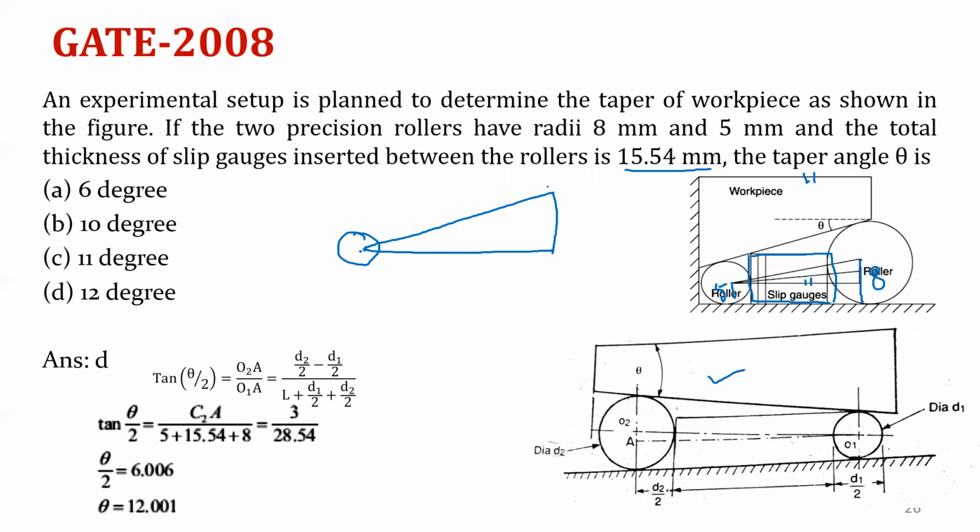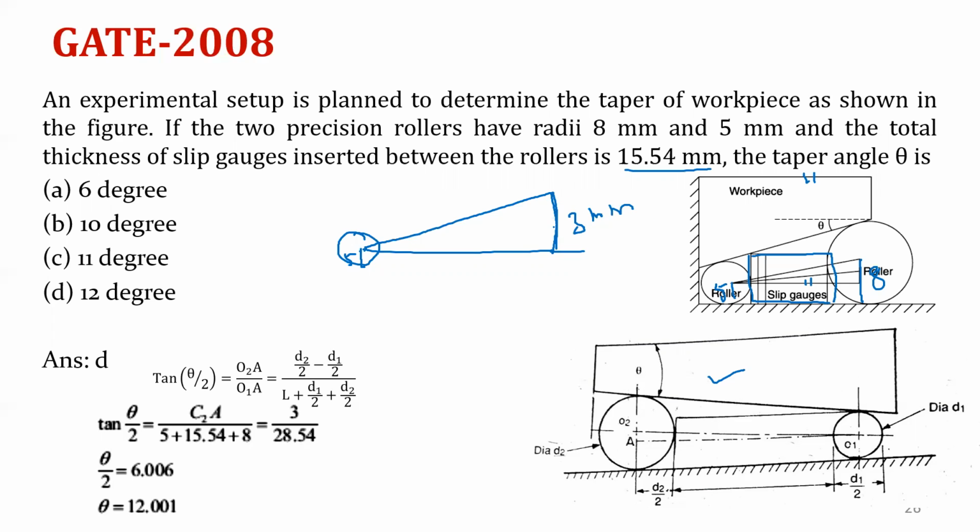This is also a roller. We have the bigger roller, and this is R1, or 5 mm. So in order to get this height, 8 minus 5, this is 3 mm.